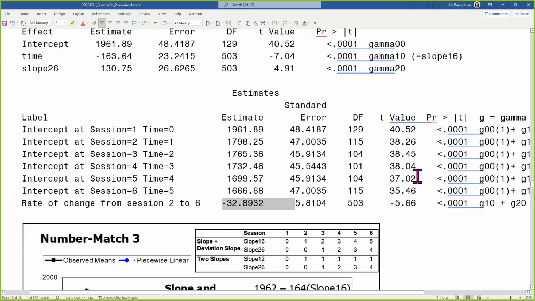So from the fixed effects perspective, it doesn't matter which way you do it. You can get all the information you need either way. From a random effects perspective, it does matter. The models will be equivalent if all of the effects are random, but what the numbers mean are not the same.